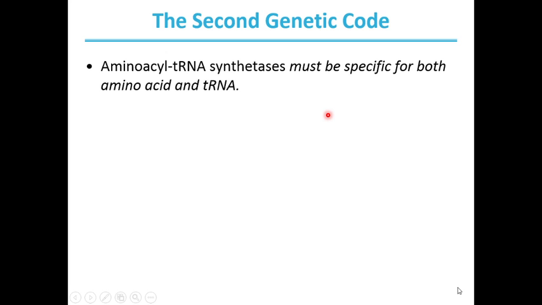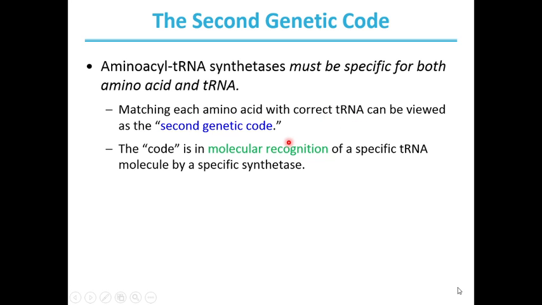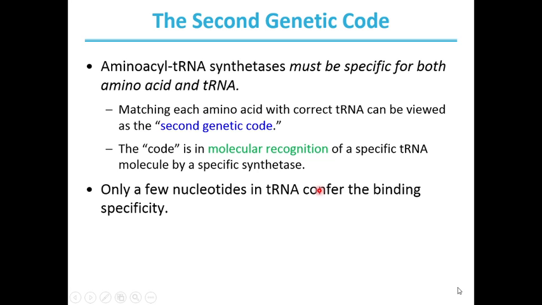The interaction between an aminoacyl tRNA synthetase and a tRNA has been viewed as the second genetic code. Aminoacyl tRNA synthetases must be specific for both the amino acid and the tRNA. Matching each amino acid with the correct tRNA can be viewed as the second genetic code. The code is in molecular recognition of a specific tRNA molecule by a specific synthetase.